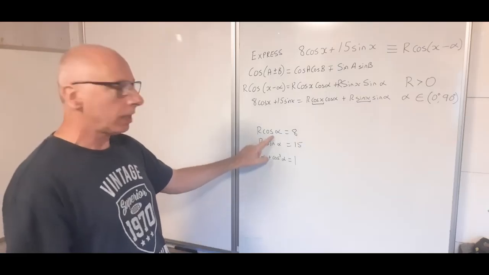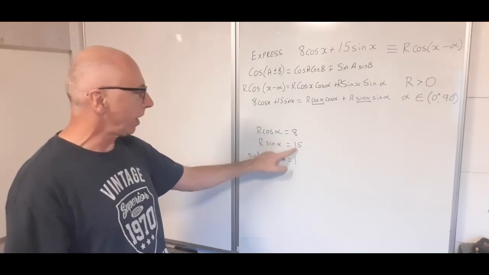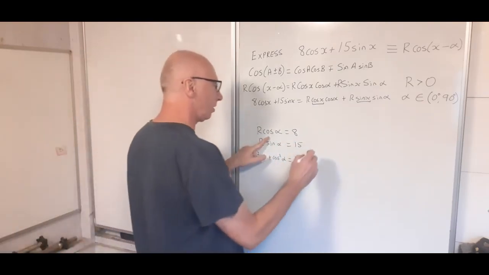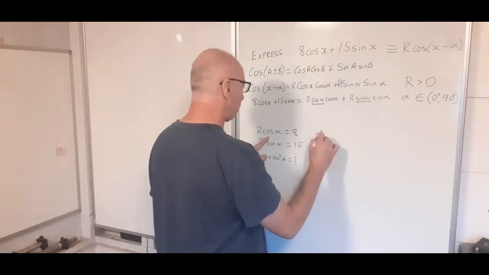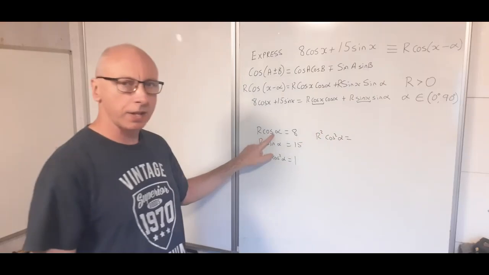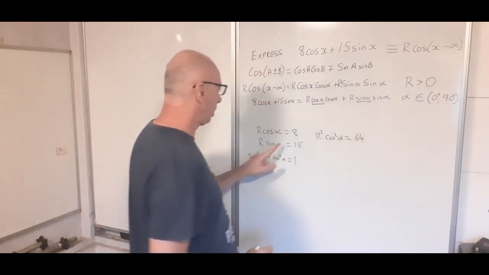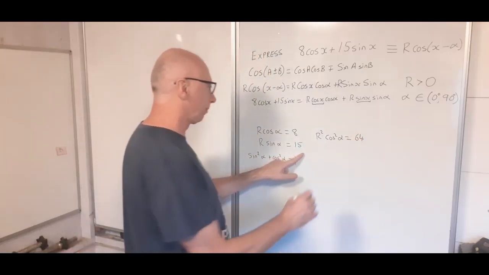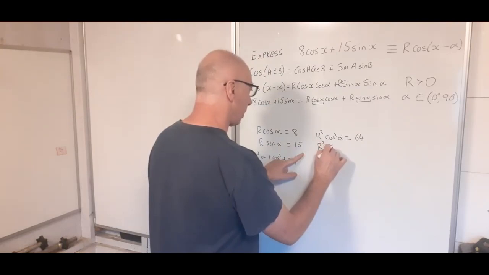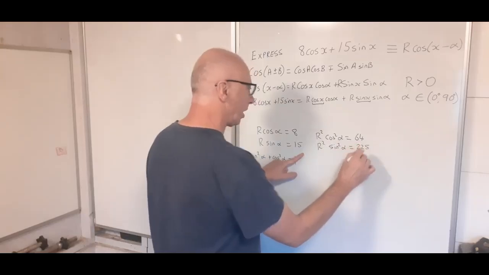So what I could do now, let's just square both and set them equal to whatever these are. So if I do r squared cosine squared alpha, so if I square this one, I square that one, that equals 64. Square this one, square that one. So then I've got r squared sine squared alpha equals 225.